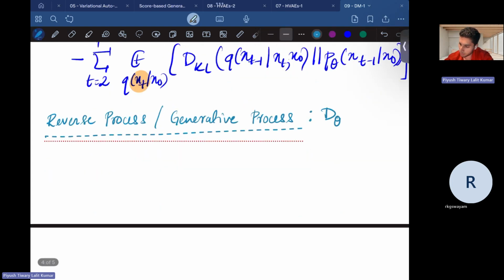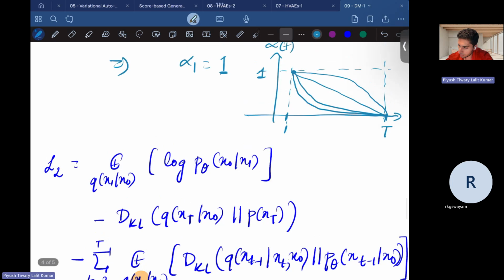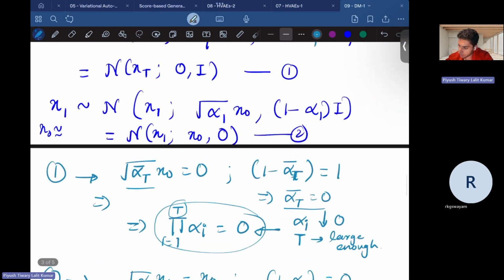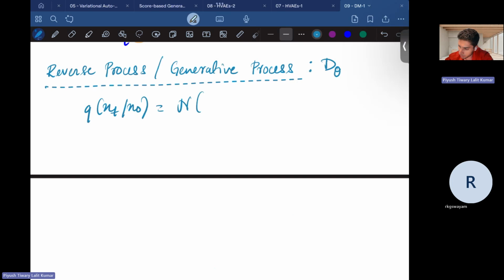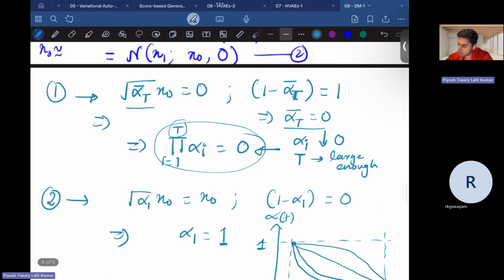We know that q of xt given x naught is nothing but this Gaussian: xt is distributed as Gaussian with mean square root of alpha t bar times x naught, and covariance 1 minus alpha t bar times I. This is what it was.